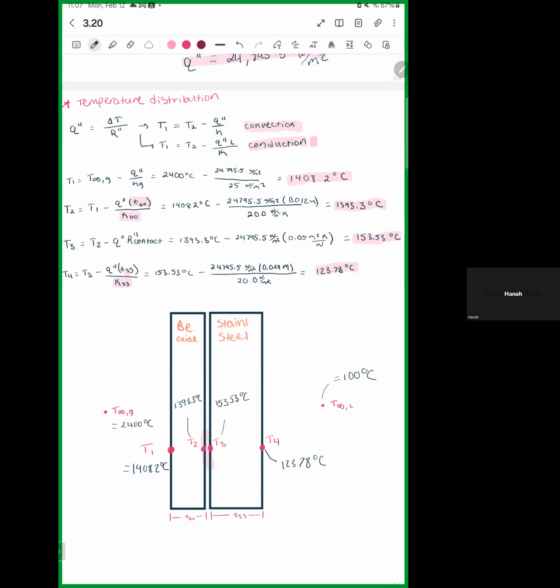As you can see, if we didn't consider the contact resistance between the beryllium oxide and the stainless steel, there would be a major difference in the temperature distribution here. The temperature change between T2 and T3 had the biggest jump, and I think that's super important to point out.